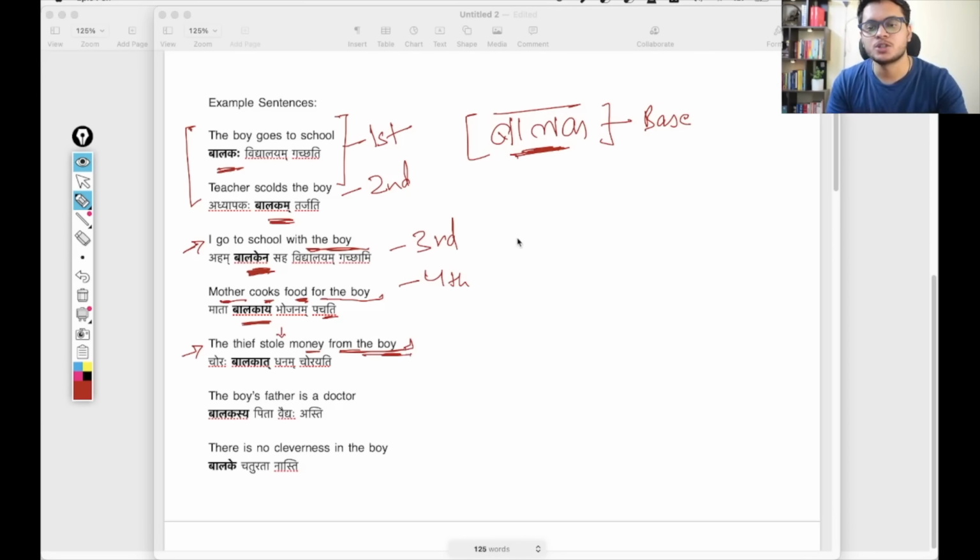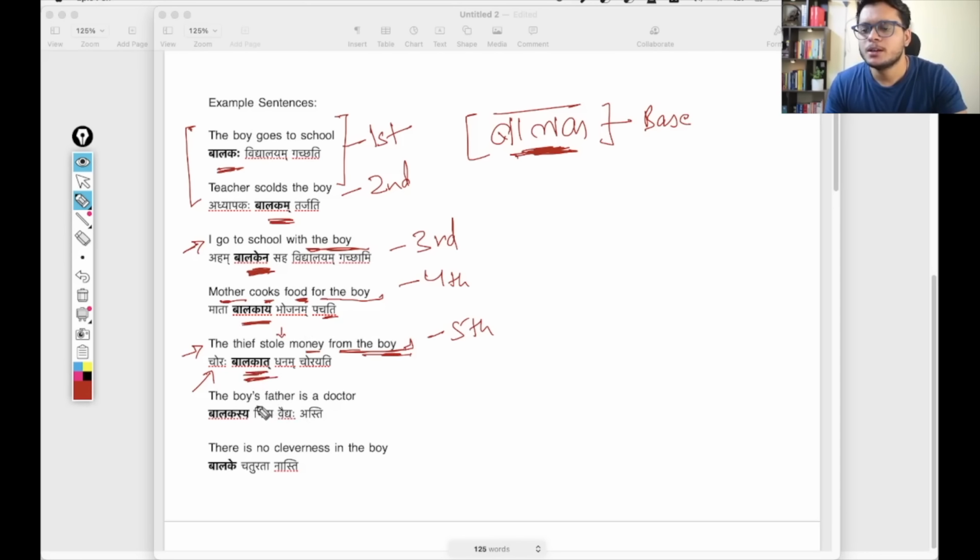Under all these situations, fifth case happens, and under fifth case, Balak changes into Balakat. So Choraha, because he is the subject, Choraha Dhanam Choryati. And from whom? Balakat. Fifth case.